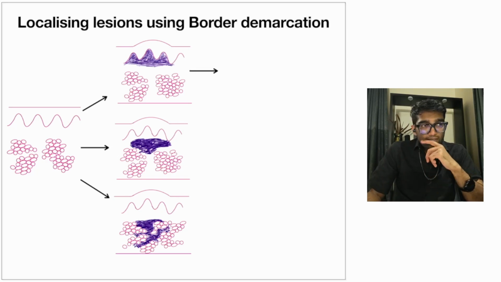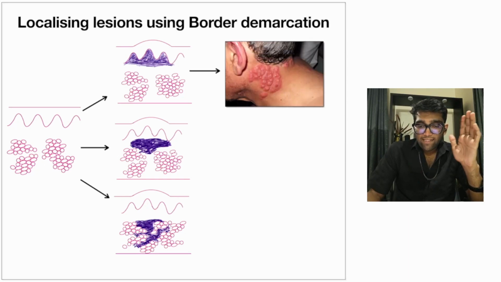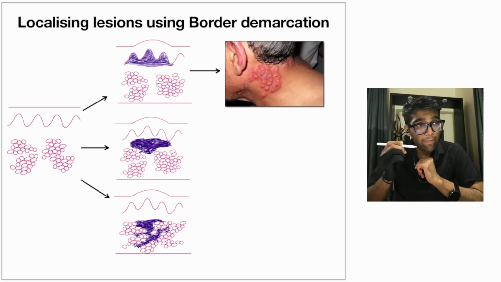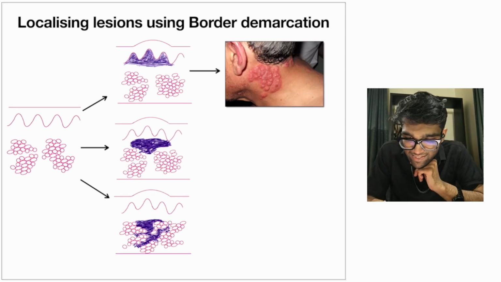In the first case, because it is a relatively superficial lesion, it's affecting the superficial dermis. It could even be affecting the epidermis or the dermoepidermal junction, but in this example I've used the superficial dermis. You find that the lesion is very sharply demarcated. I can use a pen and basically sketch out the borders of the lesion completely.